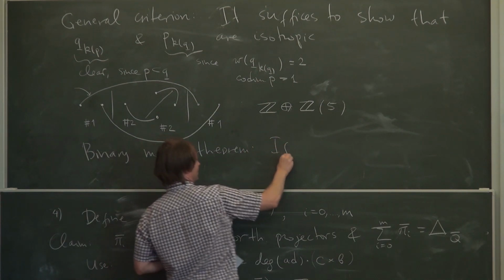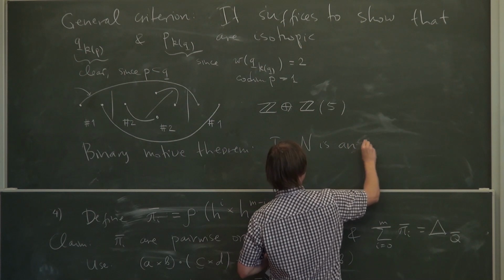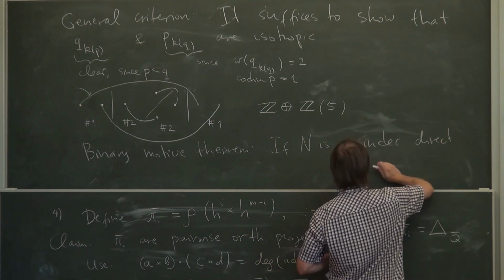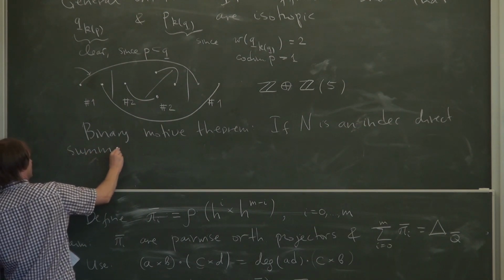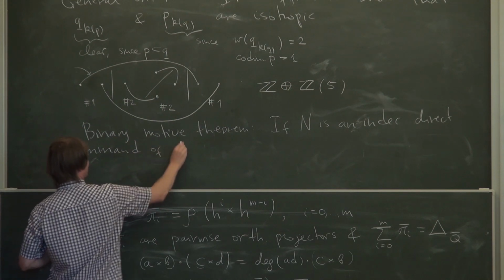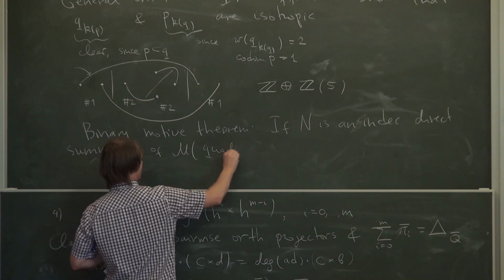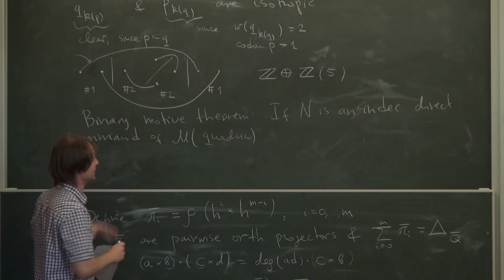So if N is an indecomposable direct summand of the motive of some quadric, it does not matter which one. Well, actually this can be generalized. It's not only for quadrics the case.